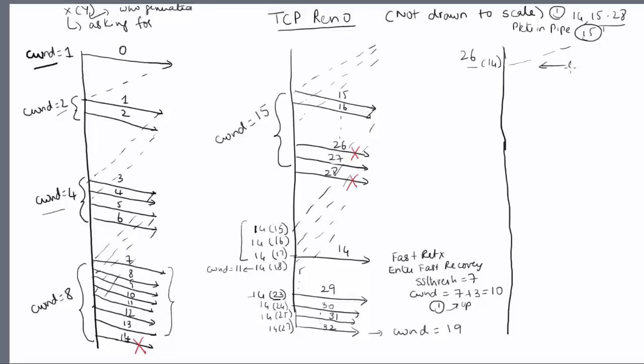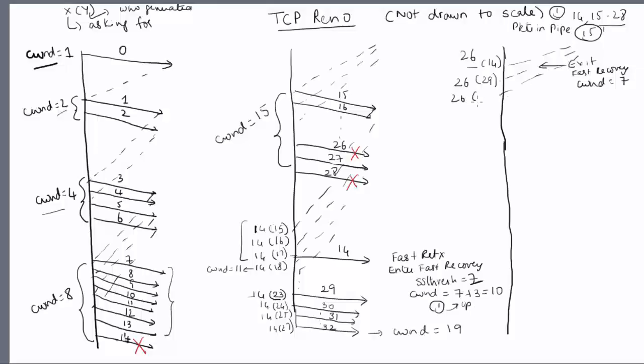So at this particular point, you exit fast recovery and set your CWND equal to 7, which is the SS thresh value that you stored here. After this point on, you should be doing congestion avoidance. But now the next acknowledgement that is coming is still asking for 26, which is generated by packet 29. But this is a duplicate ACK, so you cannot increase your congestion window by 1 over CWND. So you wait.